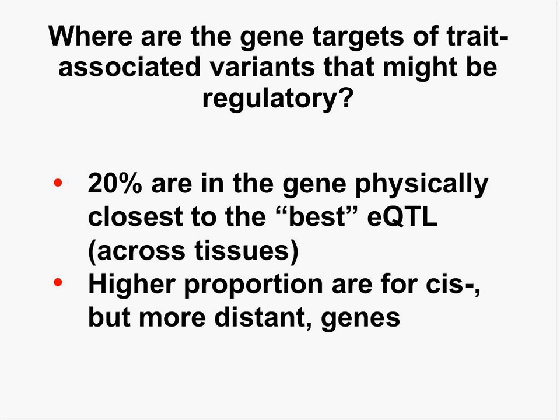So there's a high proportion, in fact, that are cis eQTLs, but far more distant genes than the one with the most obvious physical proximity. And of course, as everyone has noted, this has a lot of implications for all the downstream bioinformatics studies.